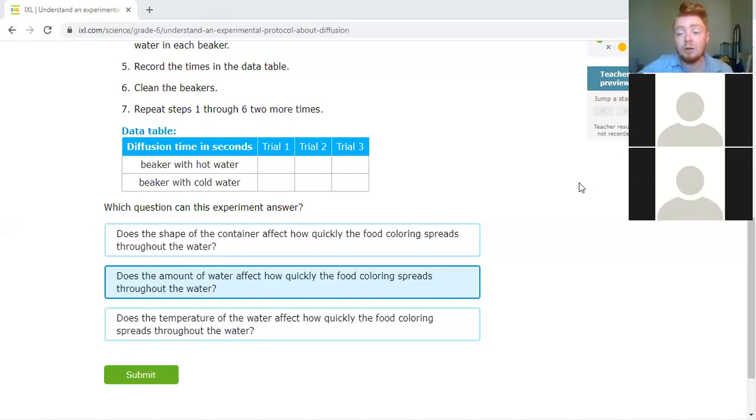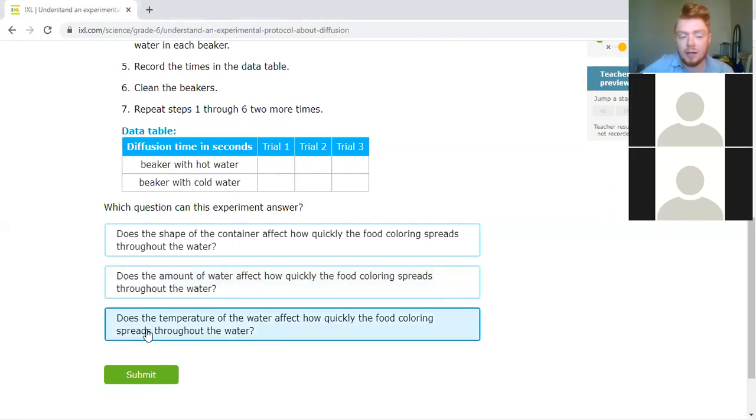Reham, do you agree or disagree? You agree? Okay. Ayub, do you agree or disagree? Disagree. Interesting. What do you think it is, Ayub? The bottom one.